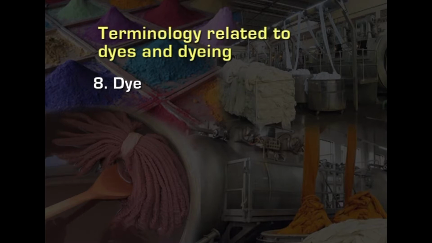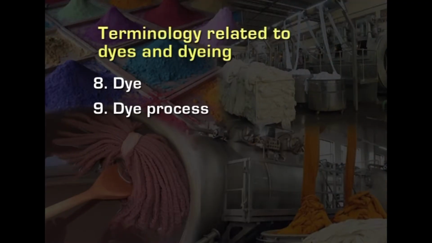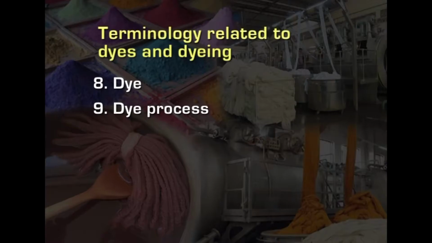Dyes are the molecules of the organic compounds that are responsible for the color of the dyed and printed textile materials. Dye process is the environment created for the introduction of a dye into the fabric by either hot water or steam or dry heat.